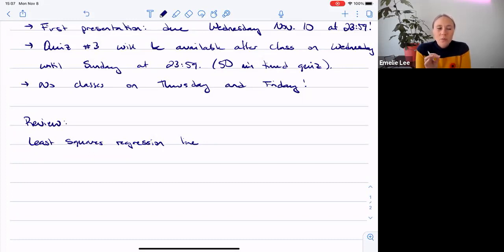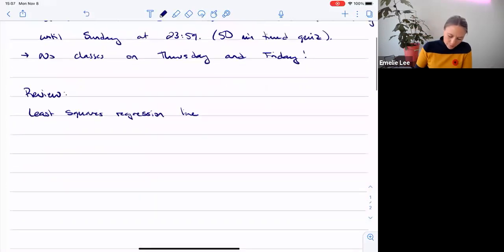Now the residual, remember, is the distance from each point on your scatter plot to the line. It's kind of this loop where the line adjusts until the sum of the squared residuals has been minimized. That's the least squares regression line part.